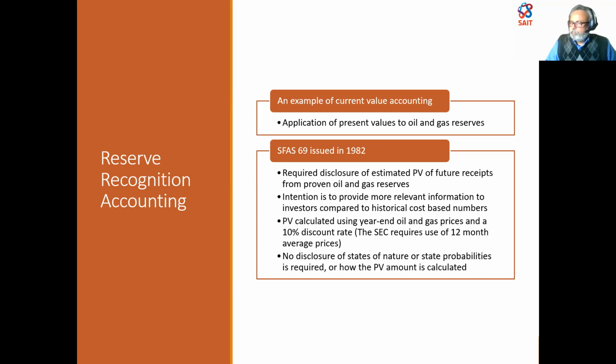Now, the company has to explain how the present value was calculated, but you don't need any other disclosure about what the numbers depend on, etc. But it's pretty common for companies to provide additional disclosure on how they came up with the estimates. You may have seen something similar along the lines in Alberta when the provincial government comes up with budgets.